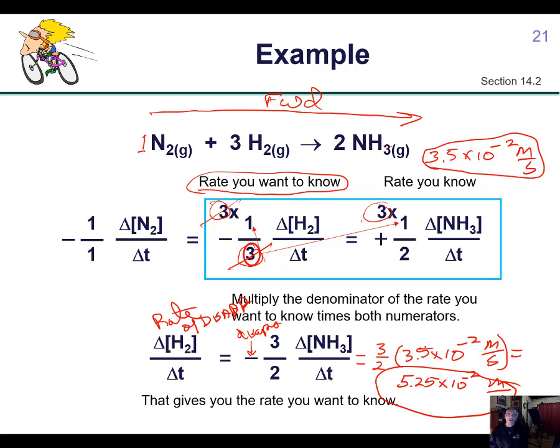For practical concerns and just computing the value, you know you're going to come out with a positive value here. You just multiply 3 halves or 1.5. This is just 1.5 times 3.5 times 10 to the negative 2 molar per second. You get 5.25 times 10 to the minus 2. Okay? That's how that's going to work.